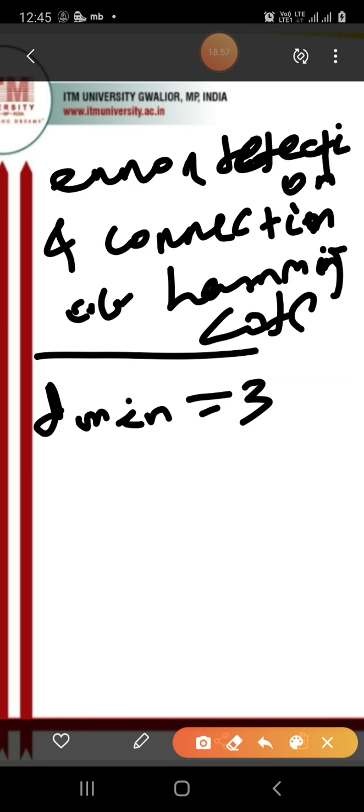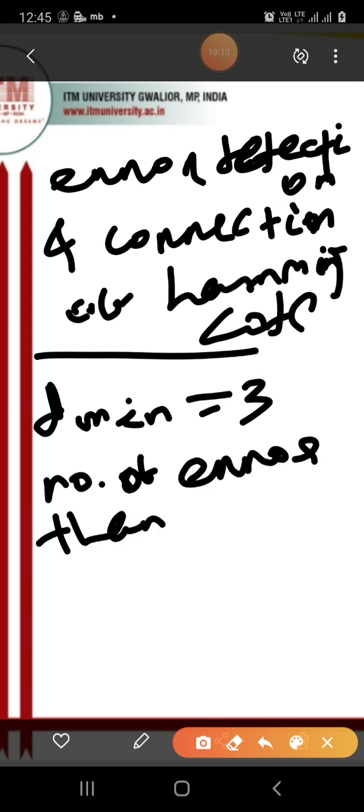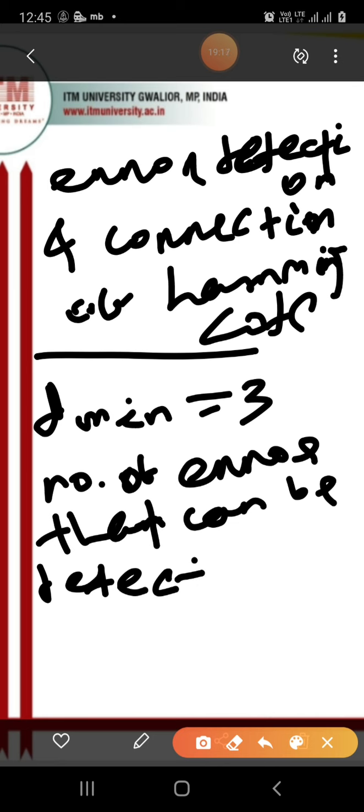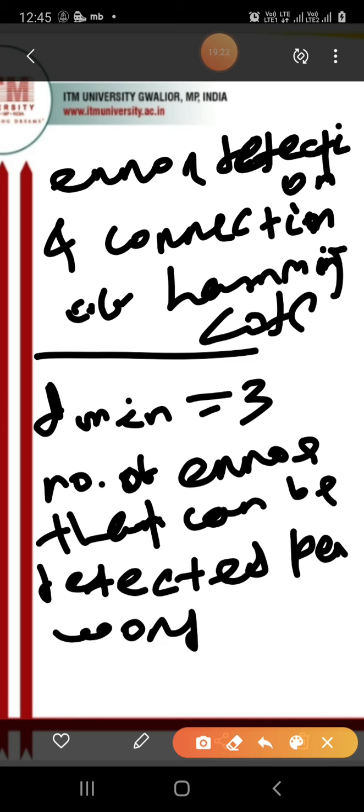The number of errors that can be detected per word will be equal to 2, since d min is equal to 3.